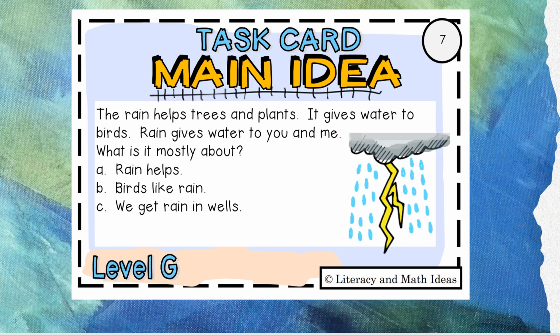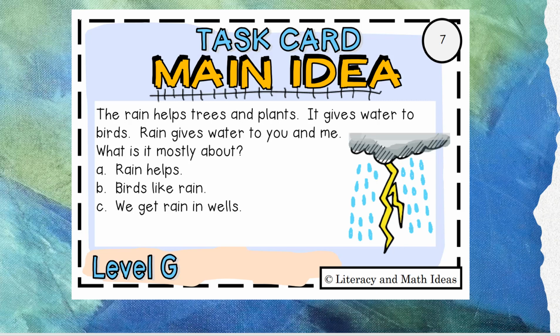Let's look at another passage. This time it is a multiple choice question in which you have to pick which letter best describes the main idea. So whenever you have a question like this, sometimes you will see answer choices that might seem close to being the answer, but are not exactly correct. So you look for the one that tells what the main idea is. That's what most of the sentences are talking about.